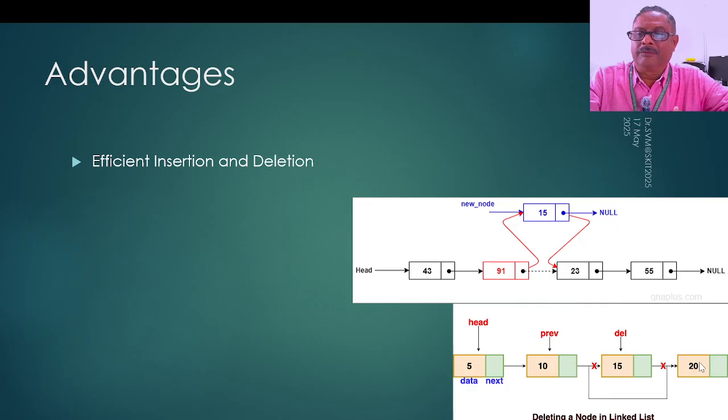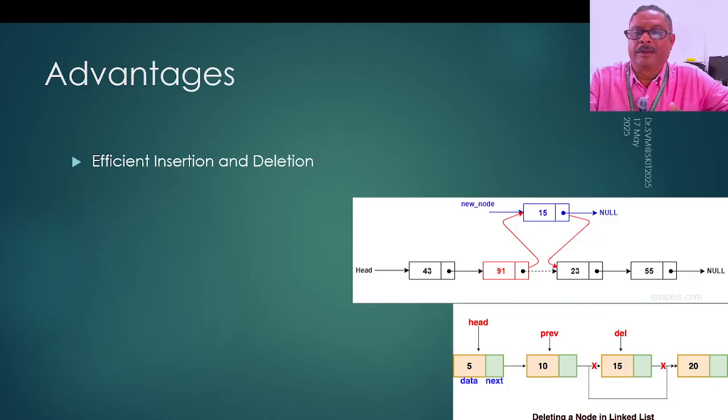The next of that was 20, so that is written here. Whatever next was there in this node is copied here, and this node gets deleted. So we now have a connection from this node to this node, and we are free to delete this node.